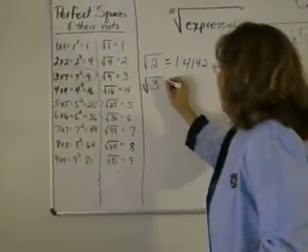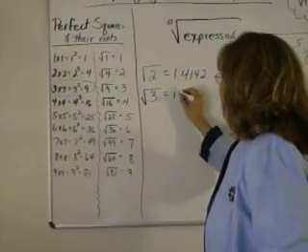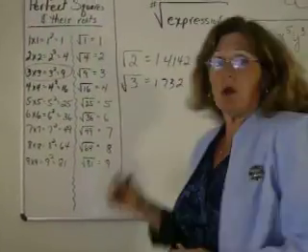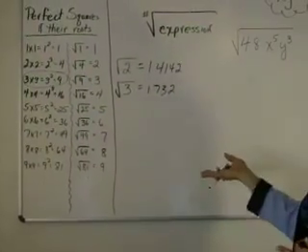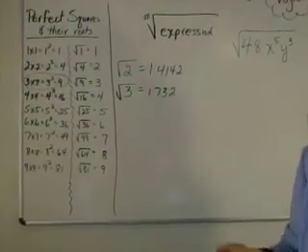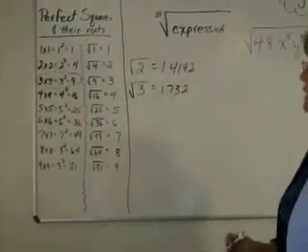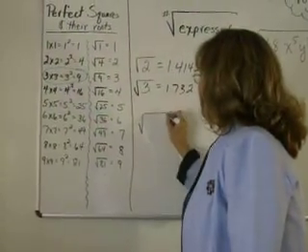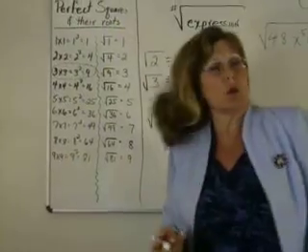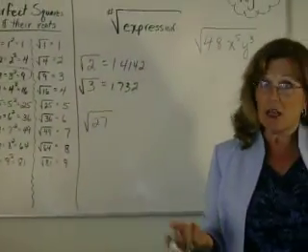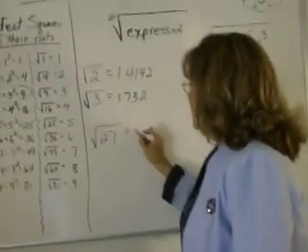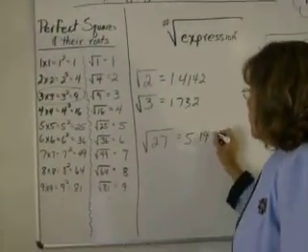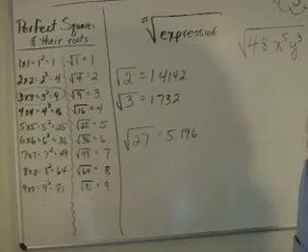We can figure out that the square root of 3 is 1.732 just by putting it into the calculator. But we don't always want to have a decimal for a square root. What if we wanted to take a look at something like the square root of 27? Well, again, if we put it into our calculator, the square root of 27 is 5.196, and it'll keep on going.